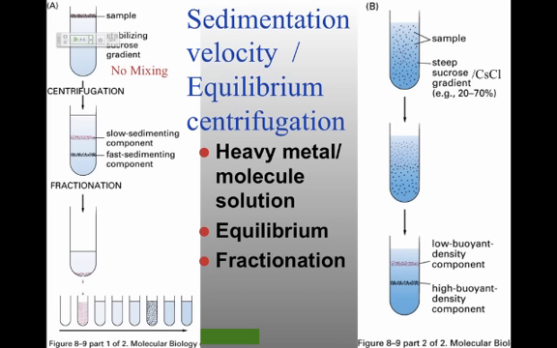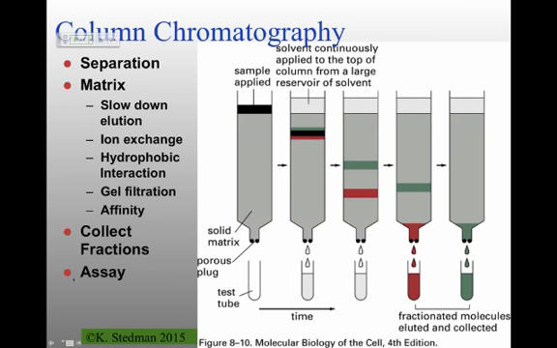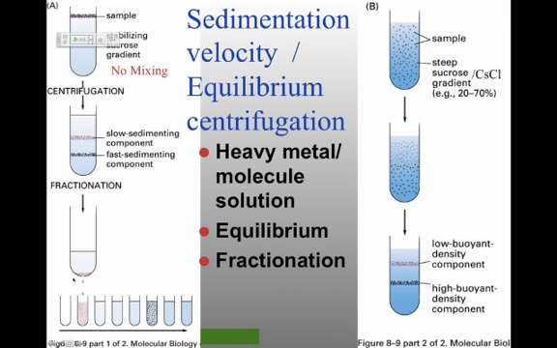It's sedimentation. So this gives you a really nice idea of what size your particle is. On the other hand, if you want to know what the density of your particle is, you want to use this equilibrium centrifugation over here on the side. Where did we first see equilibrium centrifugation?